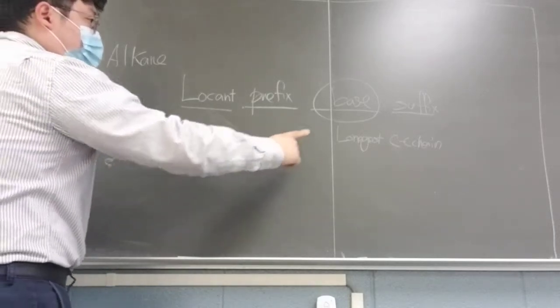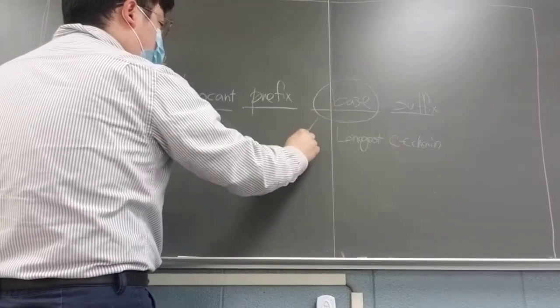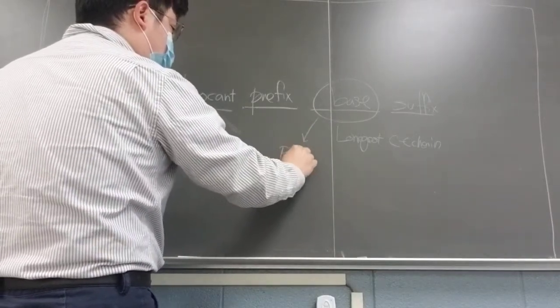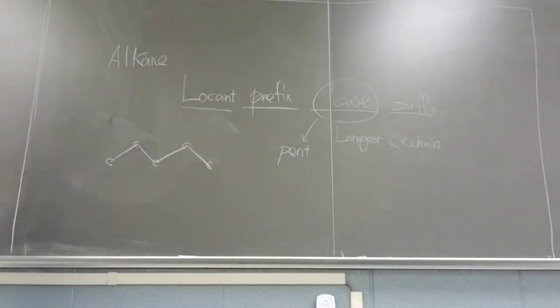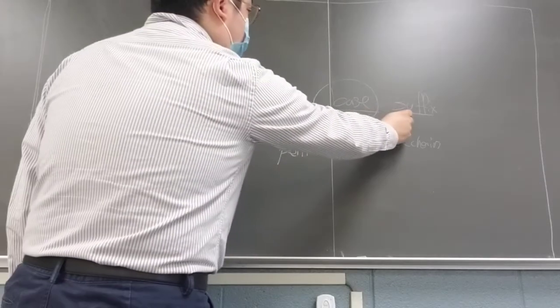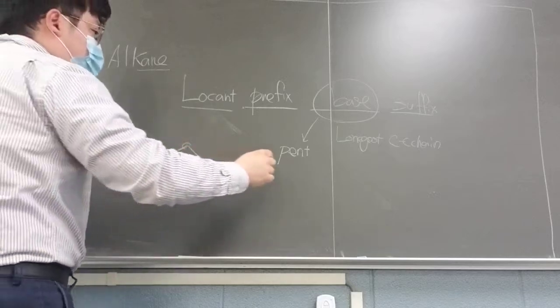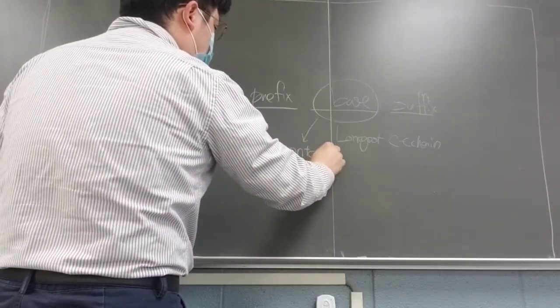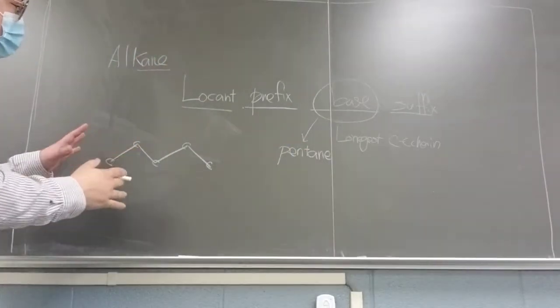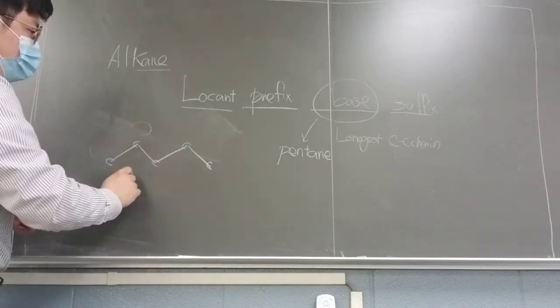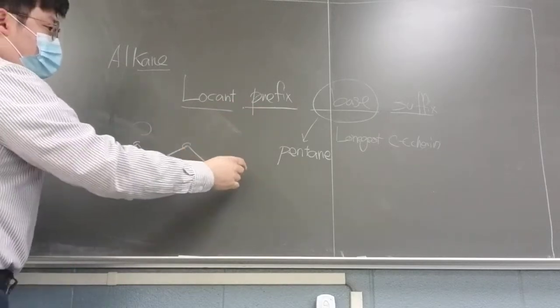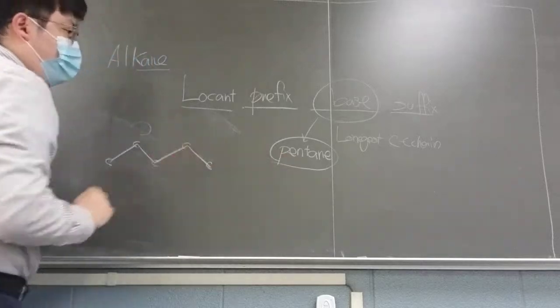There's 5, so this base becomes pent, meaning 5 carbons. And then the suffix is just ane, meaning it's all single bonds. There are no additional groups here, so it's just going to be pentane.